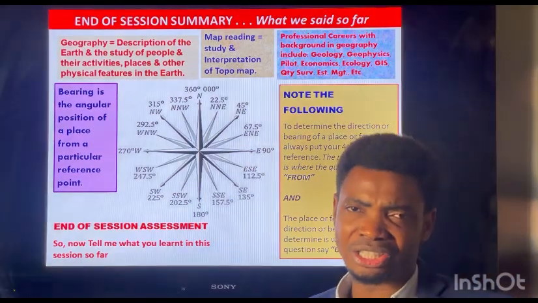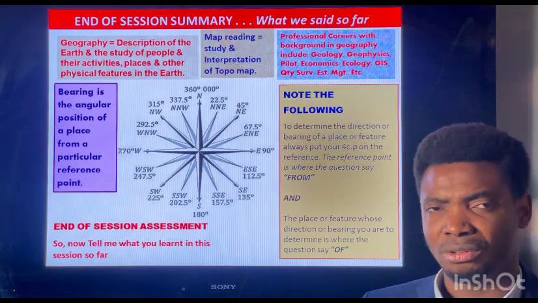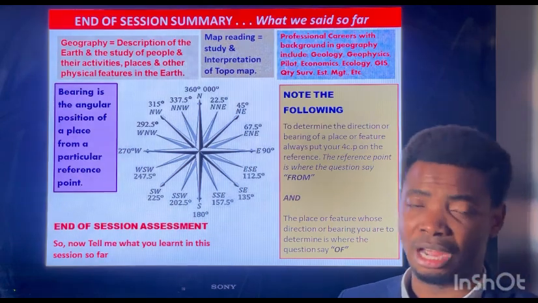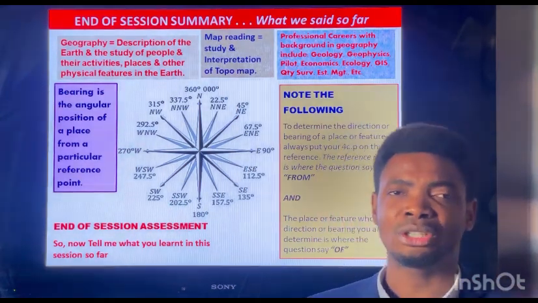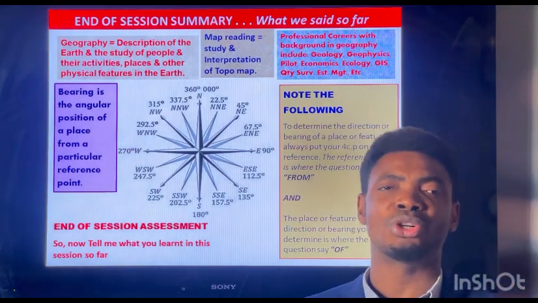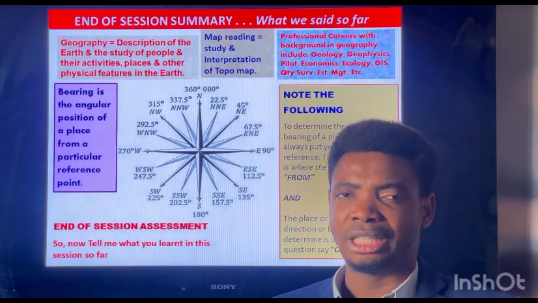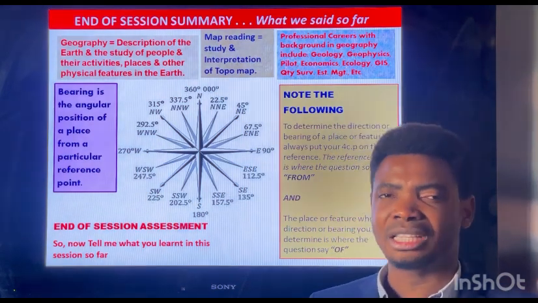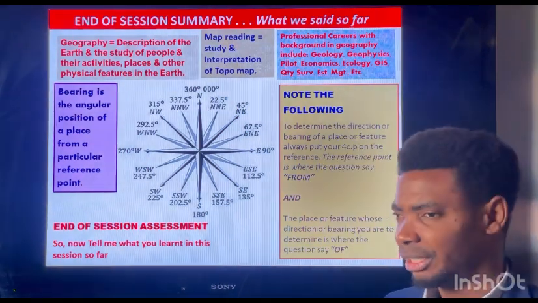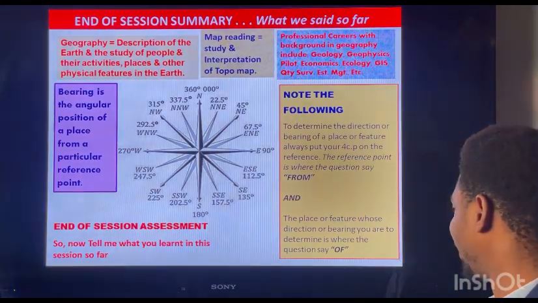If they are asking you to make your reference, for example, the example we did last time, when they said what is the direction of K from Y, what they are asking you to do is to put your reference point on Y, because Y begins the journey. Y is the start, the reference point for that assignment. So Y is where you put your 4 cardinal points, and that is what we are trying to say.